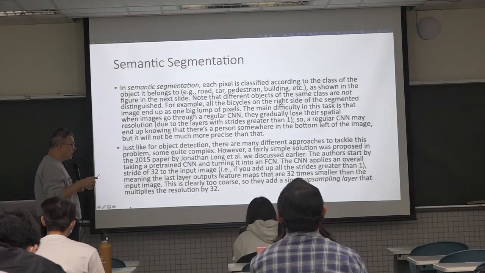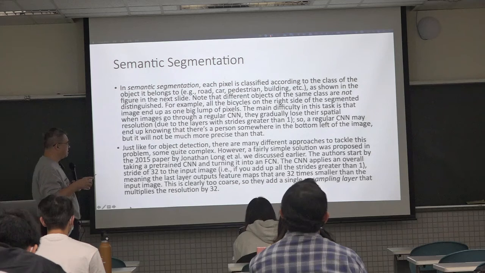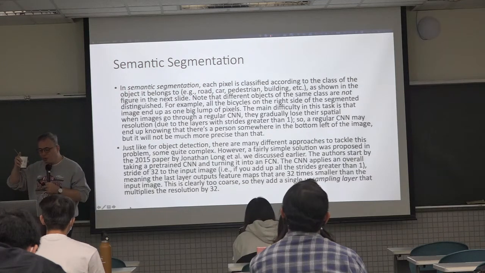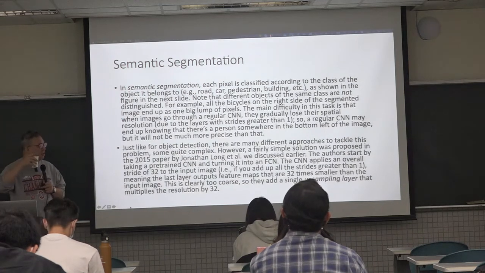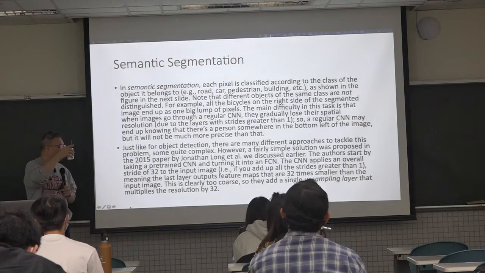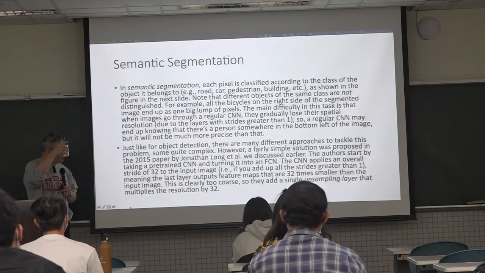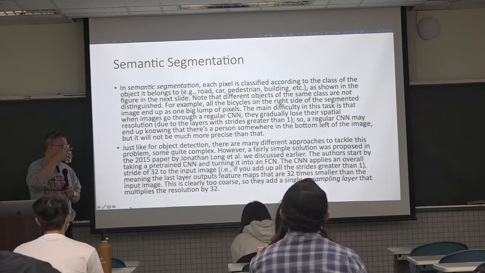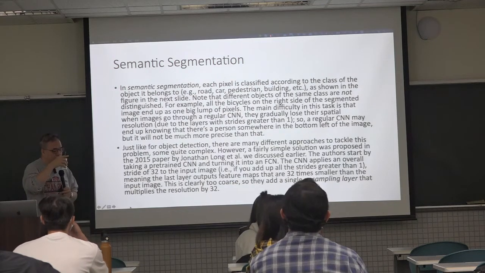So they add a single upsampling layer that multiplies the resolution by 32, because eventually we need to identify what class each pixel belongs to, in the original resolution, right?